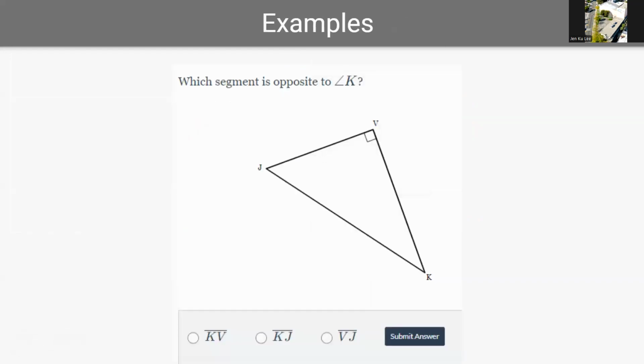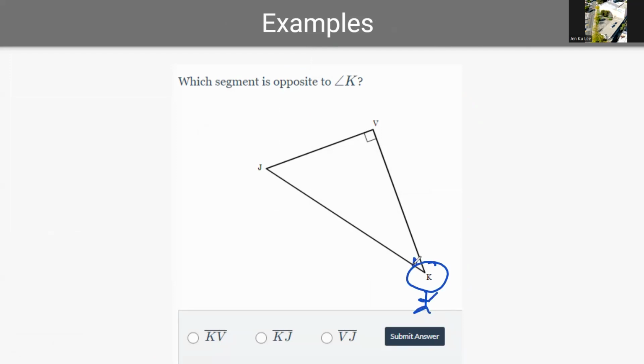So now we're just gonna go through some examples about how to use them, and then I'll dive into our train of thought. Okay. So here is really simple, right? We keep it really simple for now. Which segment is opposite to angle K? So here is the person, right?